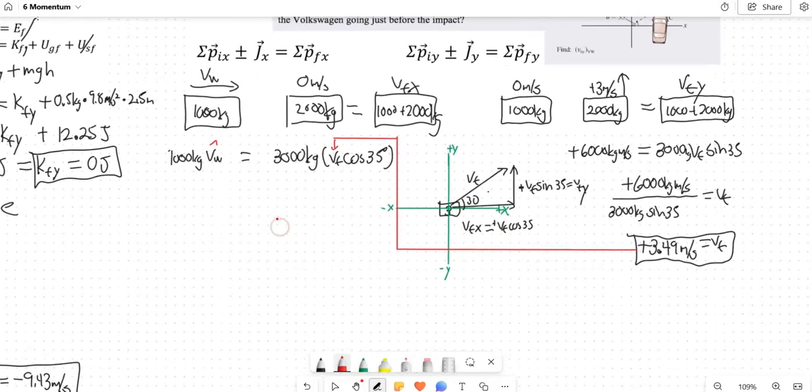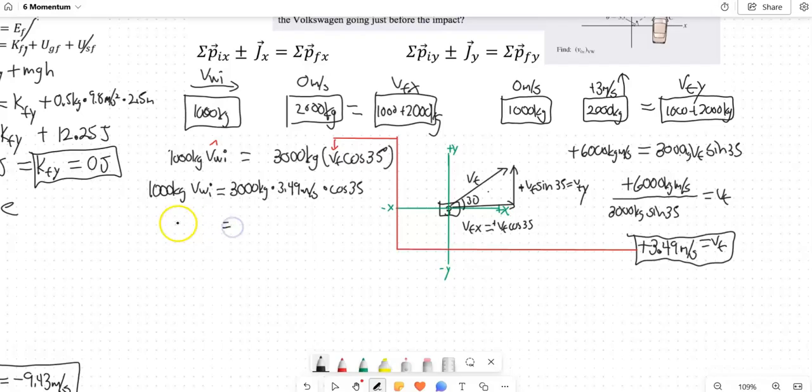So now we're going to get 1,000 kilograms times VW initial, the initial velocity of the Volkswagen, equals 3,000 kilograms times 3.49 meters per second times the cosine of 35 degrees.